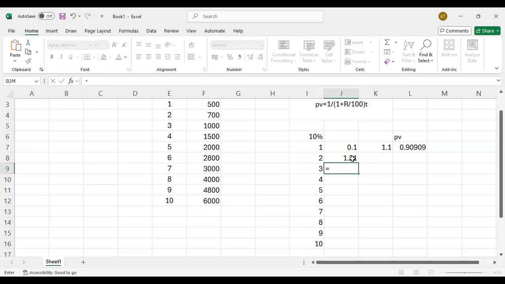For third year, it is 1.1 into 1.1 into 1.1.